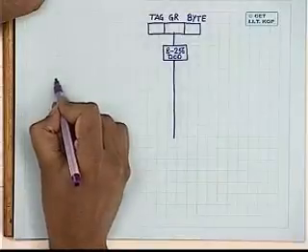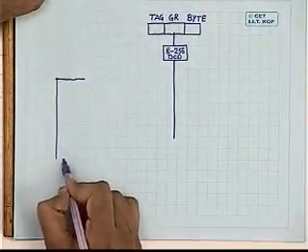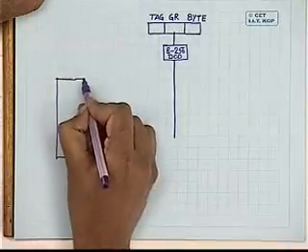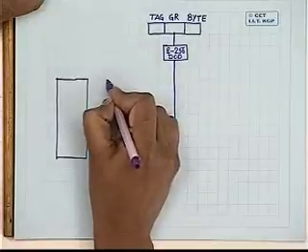Otherwise, the data is not available in the cache. Okay. So here I'll have the tag memory. I also have the valid bits.